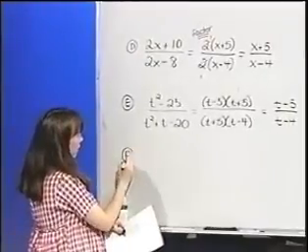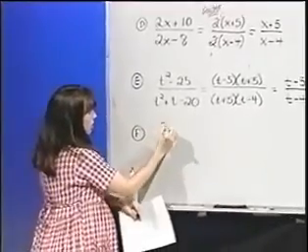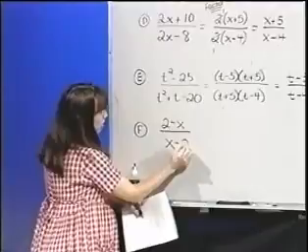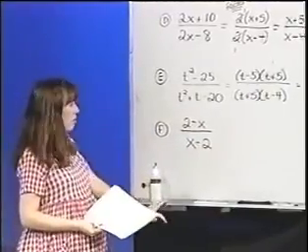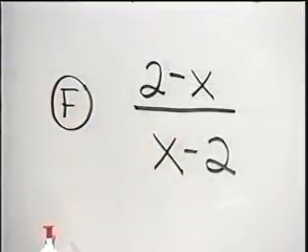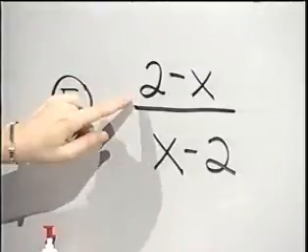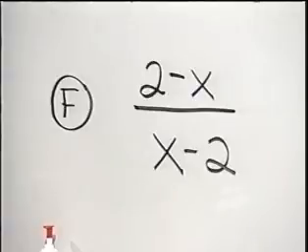Let's look at f. And f is 2 minus x over x minus 2. Now they look really similar, and in fact, you might be fooled. They look pretty much the same, but they're not quite. Here it's 2 minus x, and this one is x minus 2.